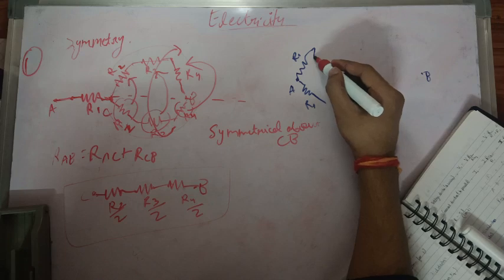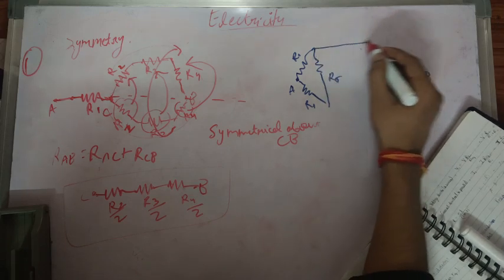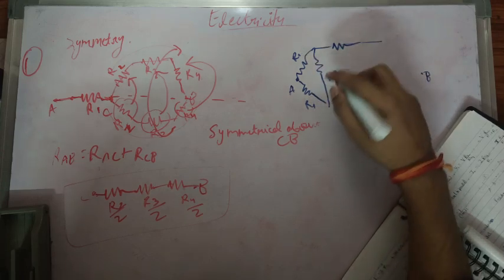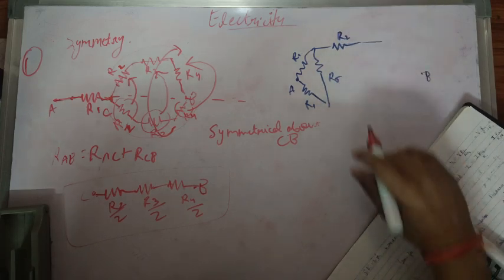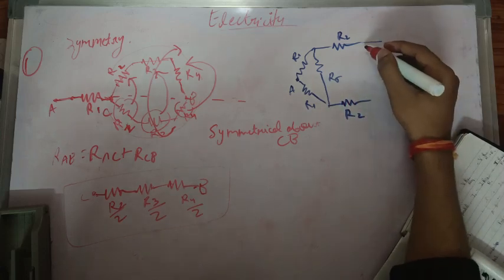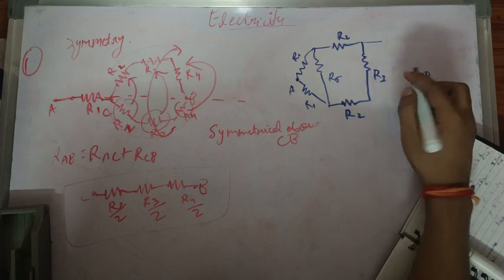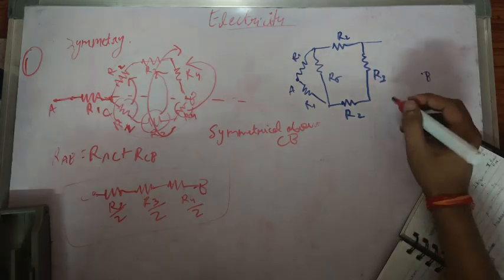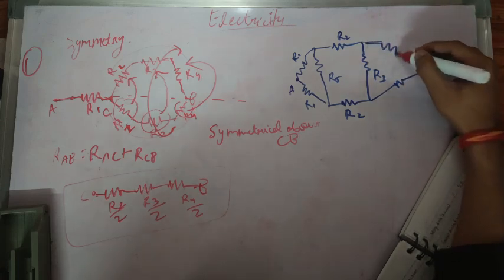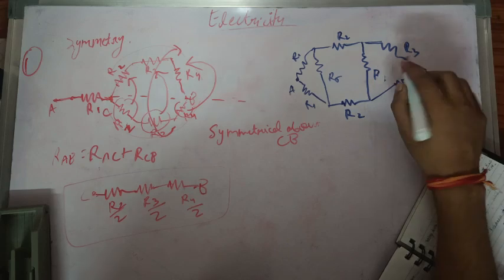It is connected by a resistor R5, and there is a resistor, let's say R1, this is R2, this is again R2, this is R3, and this is, let's say, R3, this is R4.